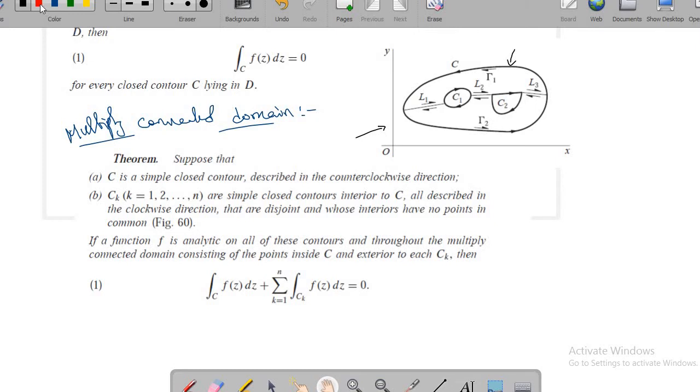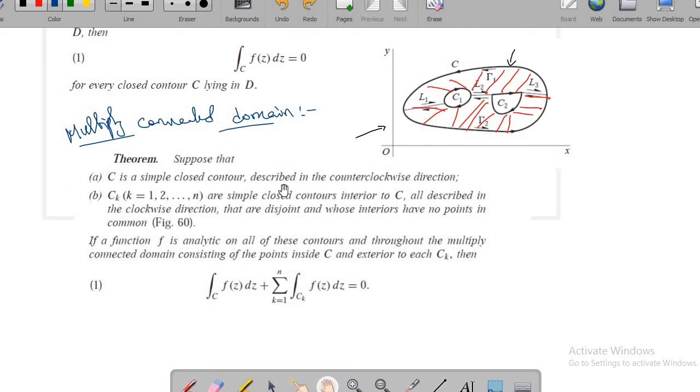This is the multiply connected domain, and I'm not worrying about the points which lie inside C1 and C2. We do not worry about the region inside C1 and the region inside C2. We just take care of the multiply connected domain. That's it.